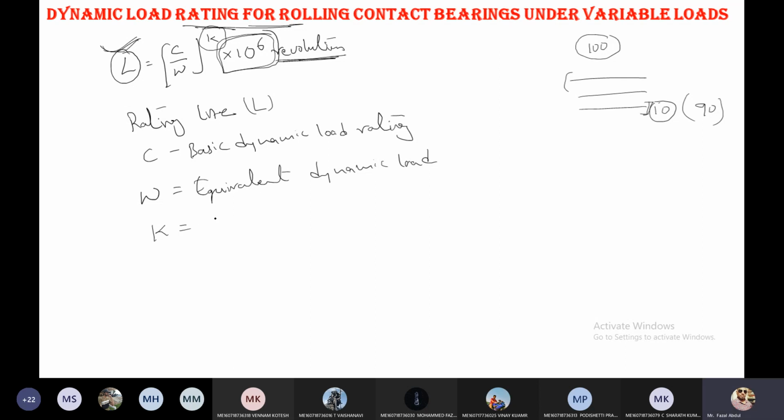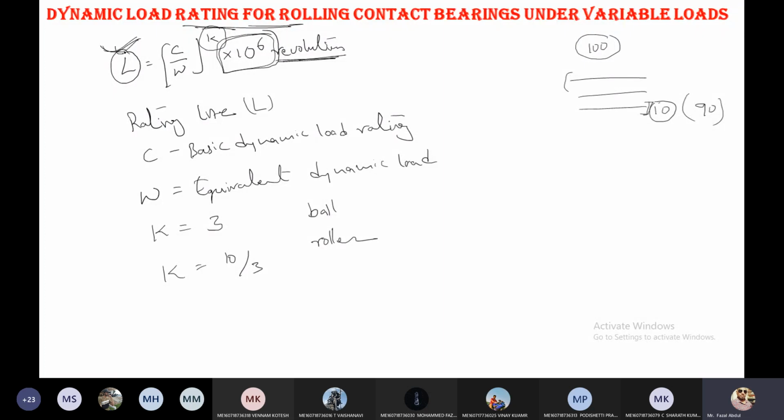For a ball bearing, if the problem is given as ball bearing type, we need to substitute k as 3. If the question is given as roller bearing, we substitute the k value as 10 by 3. Now we have another relation.